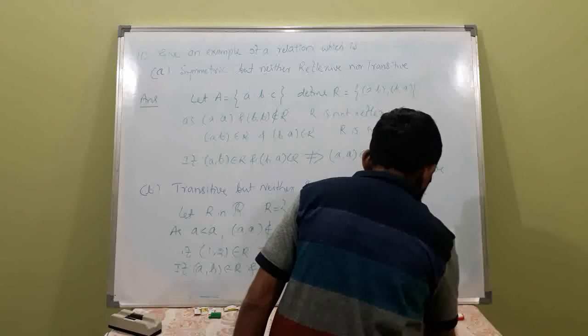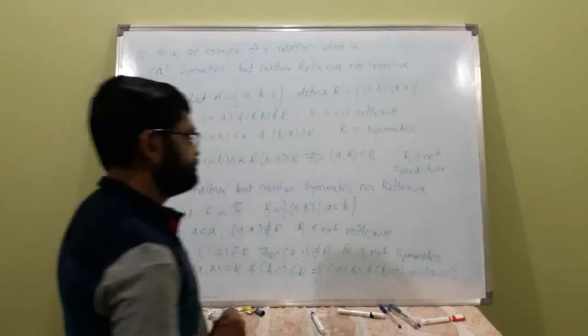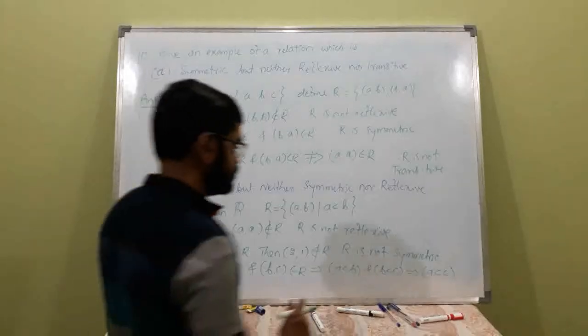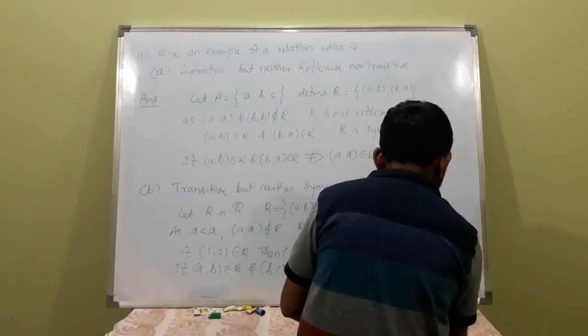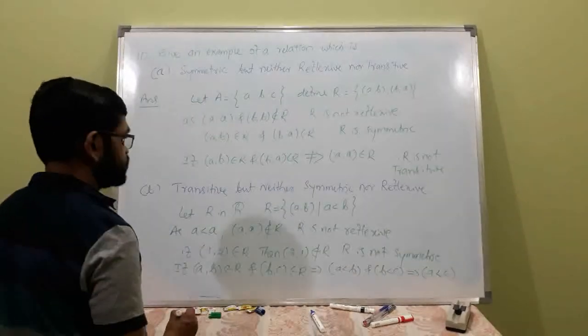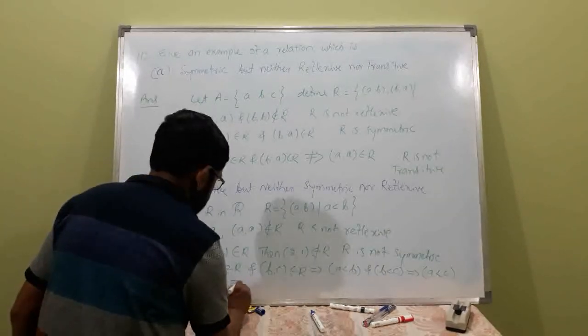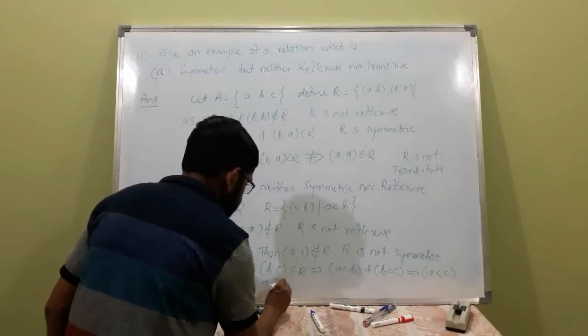That implies a is less than c, isn't it? Therefore, R is transitive.